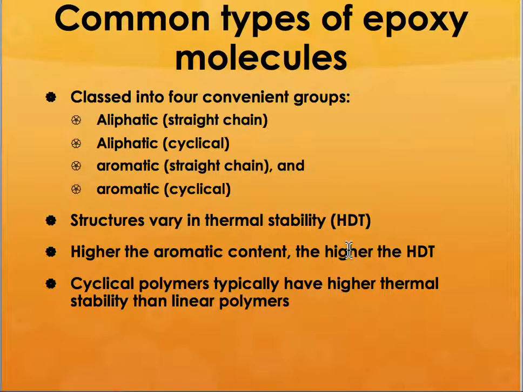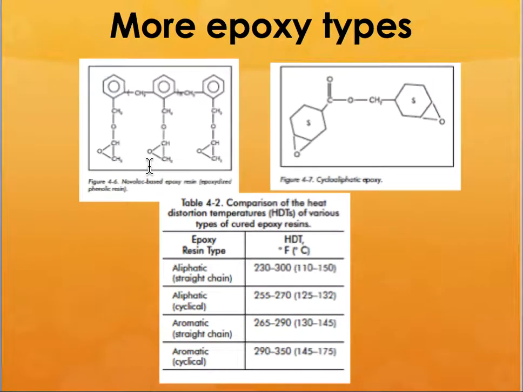The higher the aromatic content, the higher the heat distortion temperature. The other thing to note is that cyclical polymers are better than straight chain polymers. Here are some more epoxy types. Anyway, just know that there are many, many different kinds.